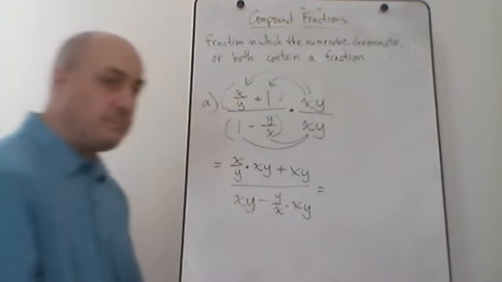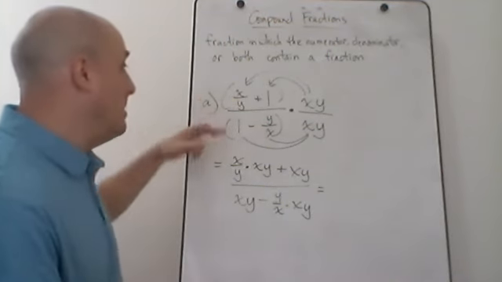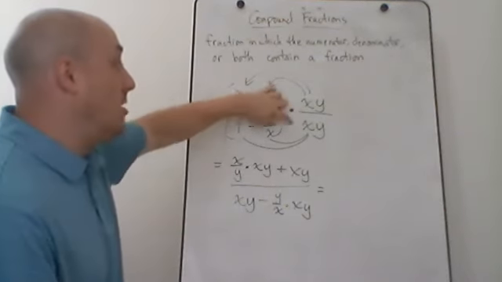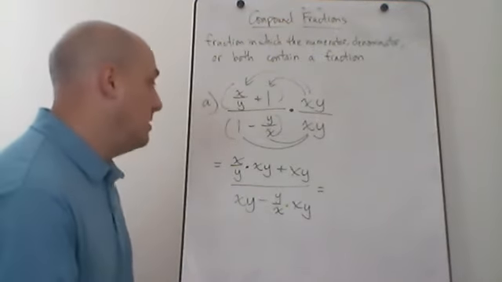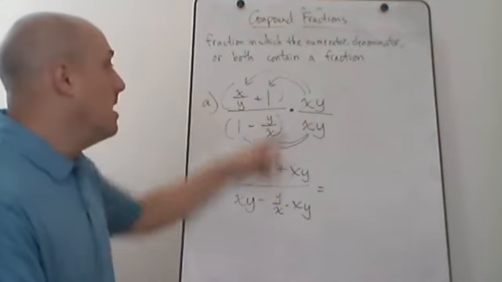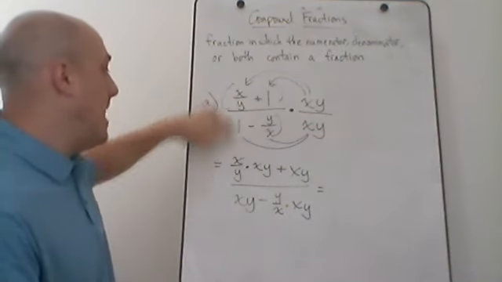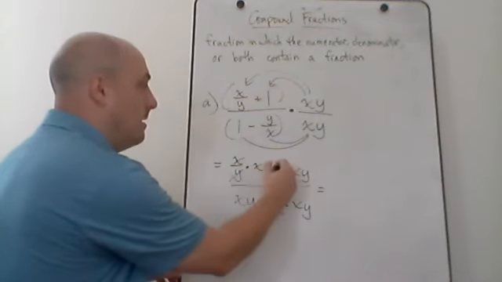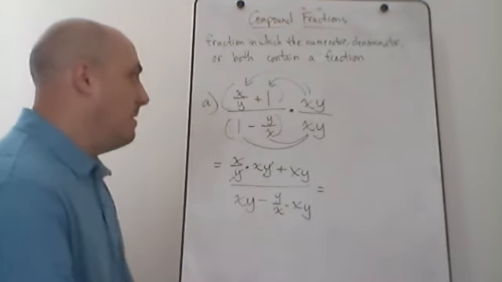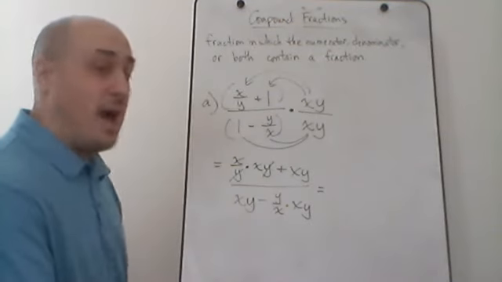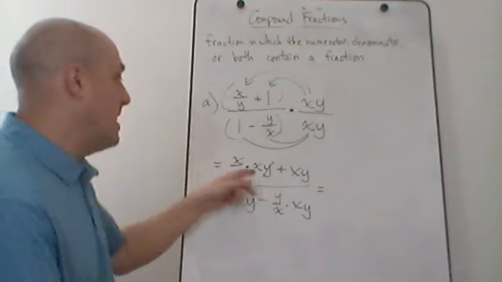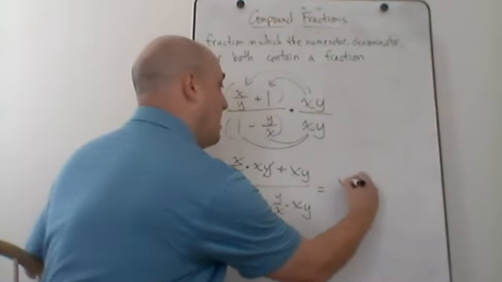Again, I get my common denominator from all of my little fractions and multiply that to the numerator and denominator of this bigger fraction. The reason I do that is because when I multiply xy times the x over y here, the y in my denominator cancels out the y that I'm multiplying in from that common denominator. So those y's cancel out, and I'm left with x times x, which is x squared.